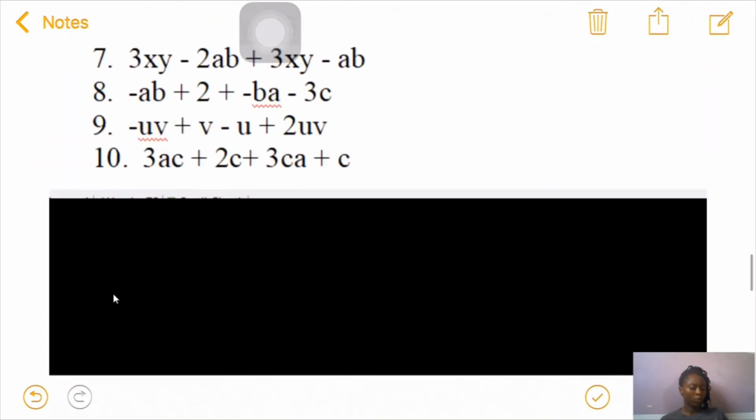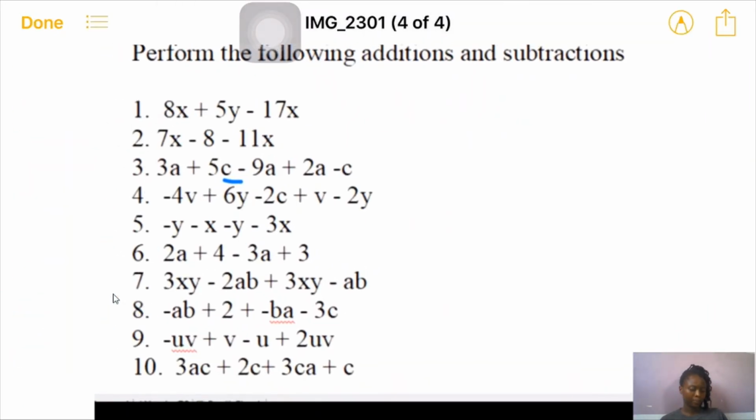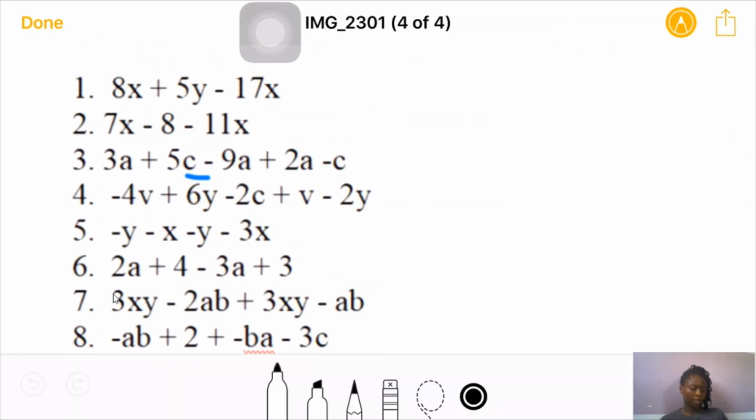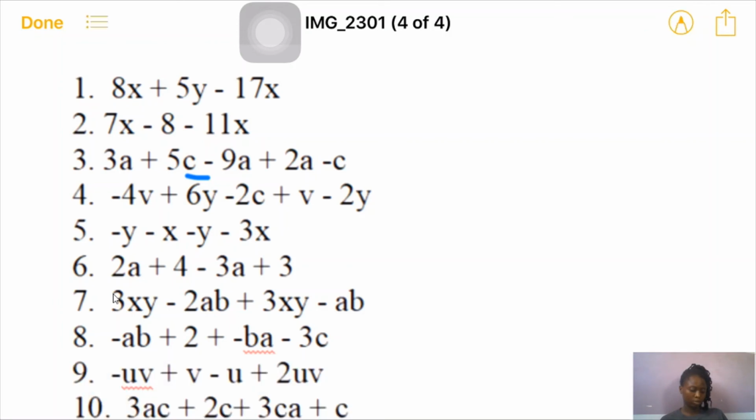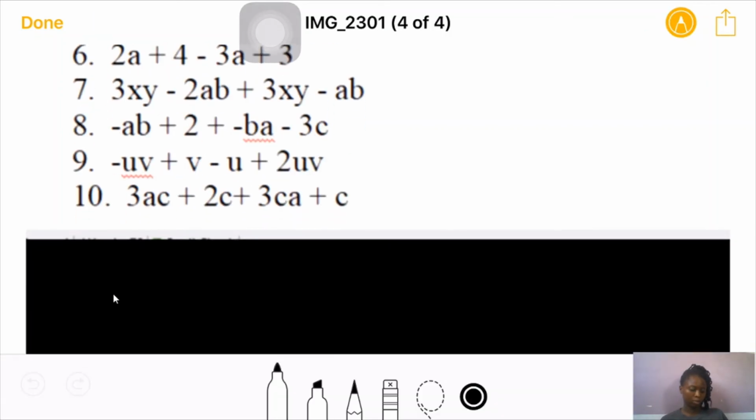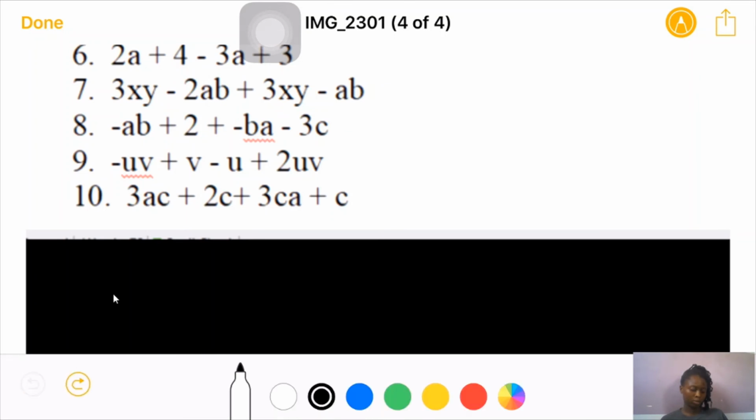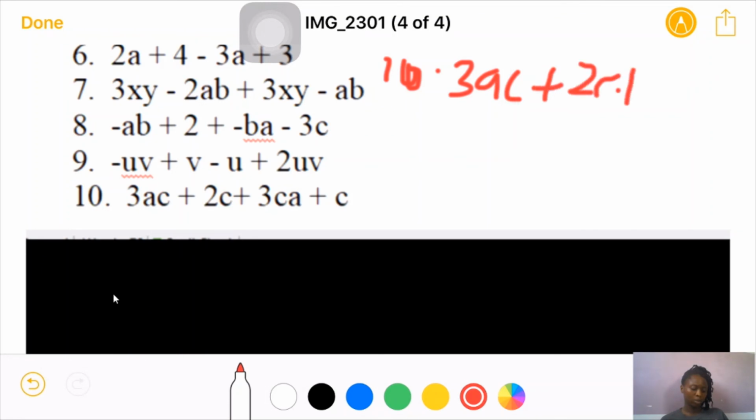So now the final one. The final one is number 10, we have 3AC plus 2C plus 3CA plus C. Okay, so grouping like terms, I said AB is the same as BA, so definitely AC is the same as CA.